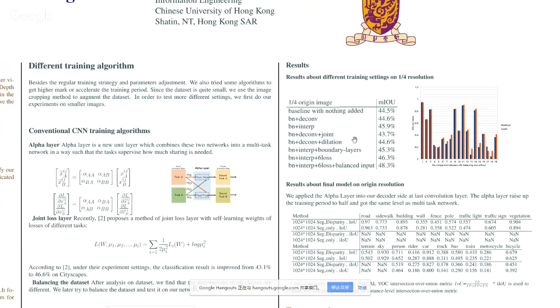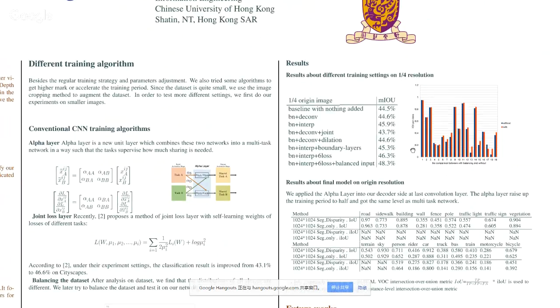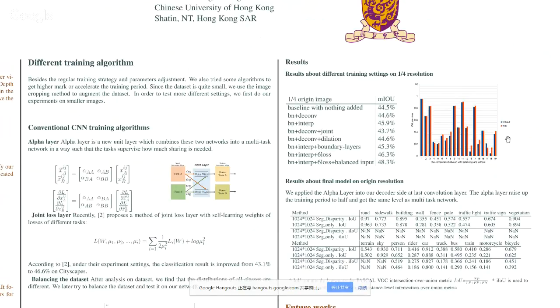We find that the joint loss layer doesn't work well because the model of our network is far different from the model provided by that paper. We also find that after doubling the lower percentage classes, we get significant improvement on those classes, and maybe some of them will suffer from overfitting.